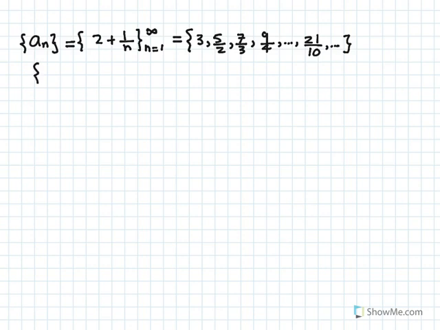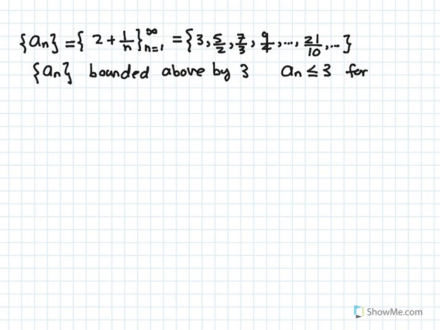Clearly, the sequence an is bounded above by 3, because it starts off at 3 and it starts decreasing. So we say an is less than or equal to 3 for all n. That means 3 is an upper bound for the sequence.